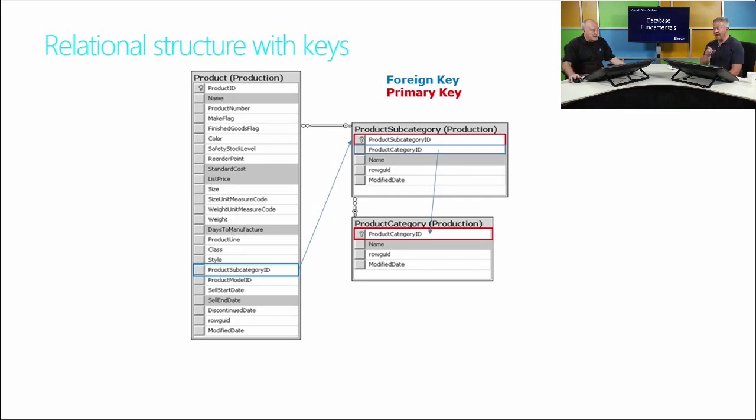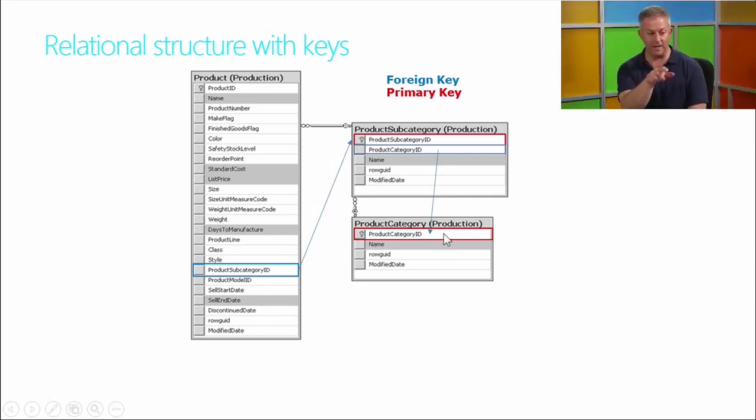So the subcategory of fruit has its own primary key for fruit, but then has a foreign key relationship to the category, which is produce. Correct. And then back on my product side, when I list the category, the subcategory specifically there of fruit, it's going to have a foreign key over to the primary key in the product subcategory table. Exactly right.